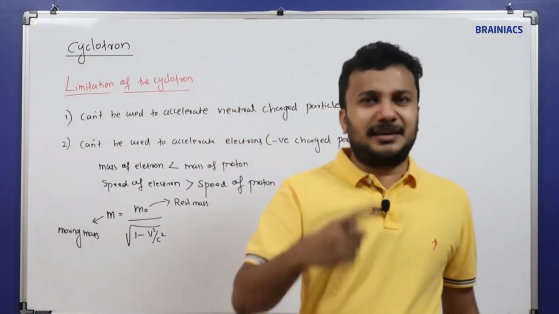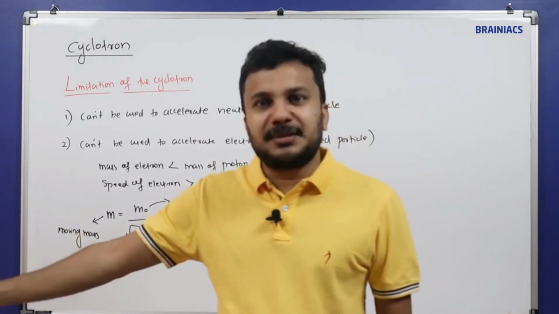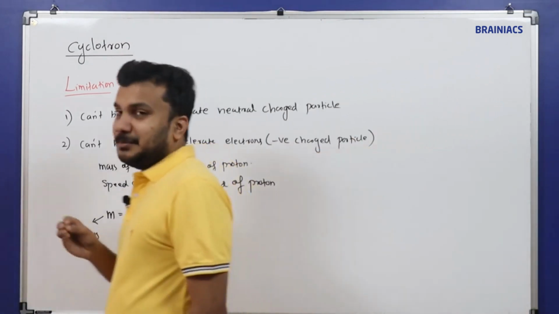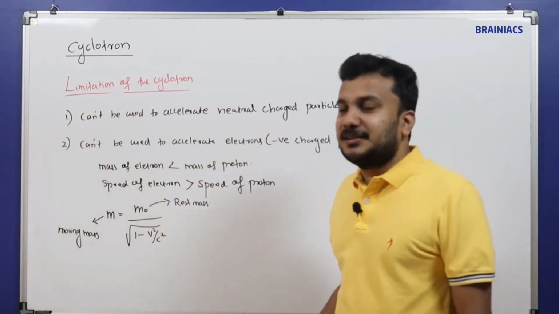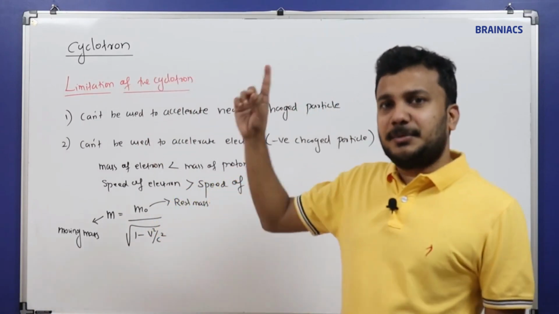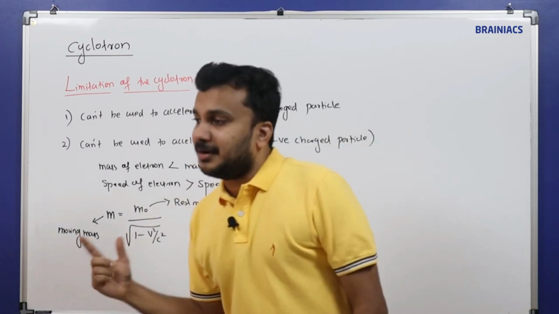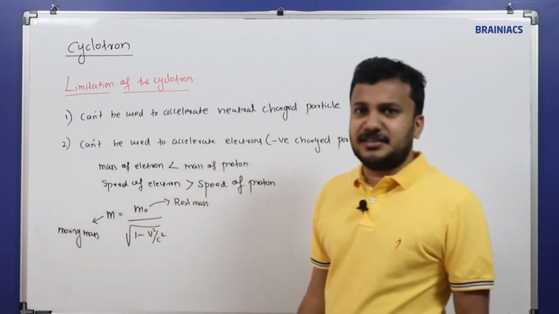I cannot run at that speed; at maximum I run some 20-25 kilometer per hour, which is very small compared to the velocity of light. So my speed v is almost negligible, nearly zero.